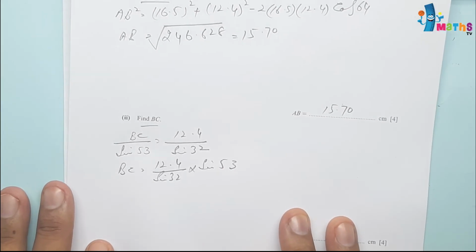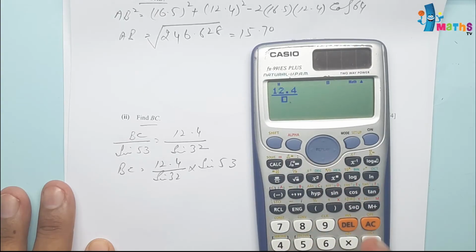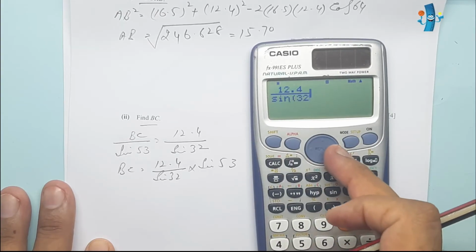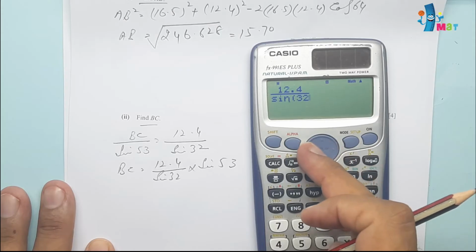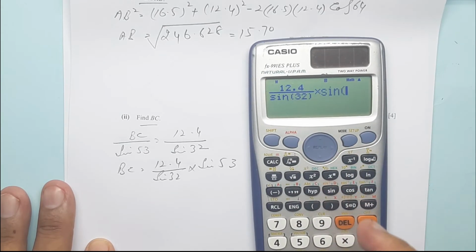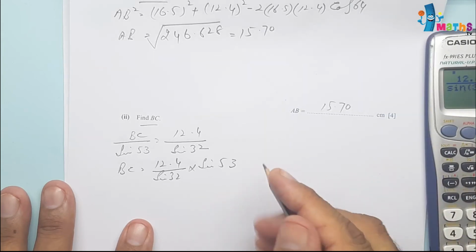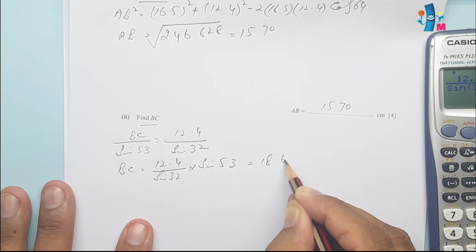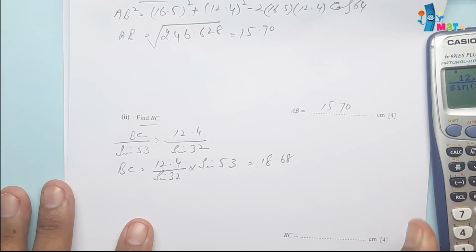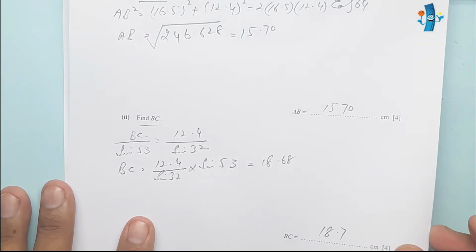This will be our equation which we need to simplify. 12.4 divided by sine 32, we'll have to close bracket, then multiply sine of 53, this will be equal to 18.68, and we can write answer as 18.7 centimeters.